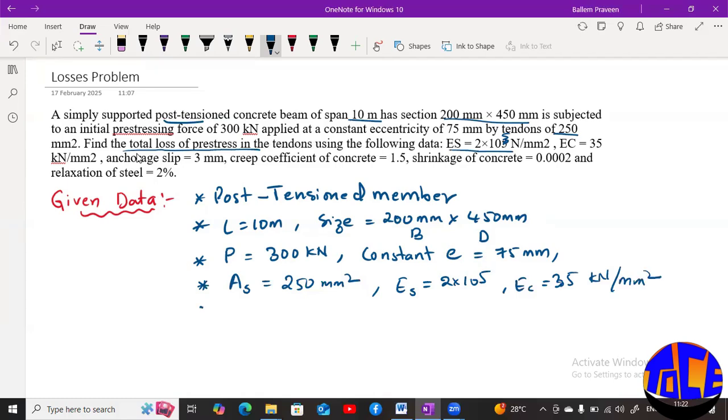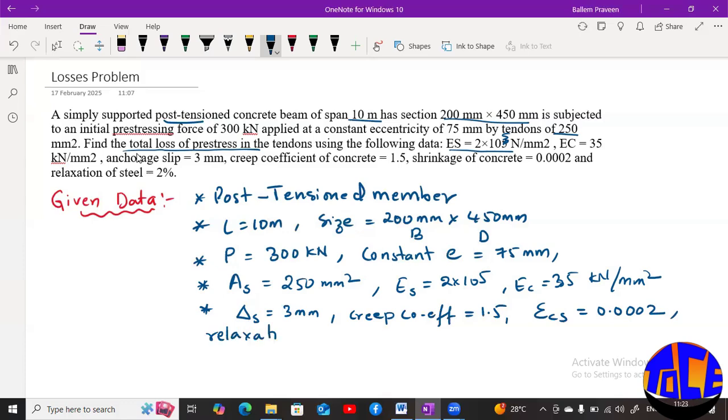He has given the anchorage slip value also, denoted delta S, that is 3 mm, and creep coefficient value, that is 1.5, and shrinkage strain is equal to 0.0002, and relaxation of steel is equal to 2%.